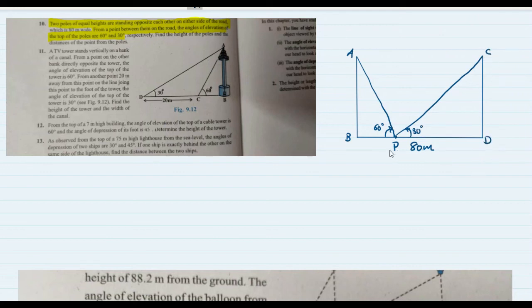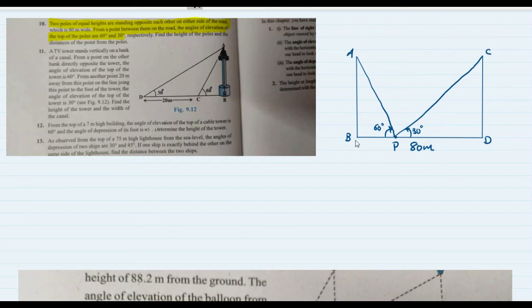So from point P, if you're looking at the top of tower AB, you have to elevate your gaze by 60 degree with respect to the ground. And from point P, if you're looking at the top of the tower CD, you have to elevate your gaze by 30 degree. That's the angle of elevations.